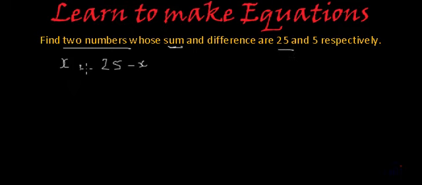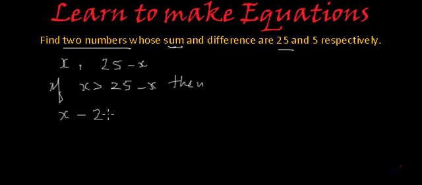So if we assume that x is bigger than 25 minus x, then their difference will be x minus (25 minus x), right? And what they are saying, the difference is 5, right?